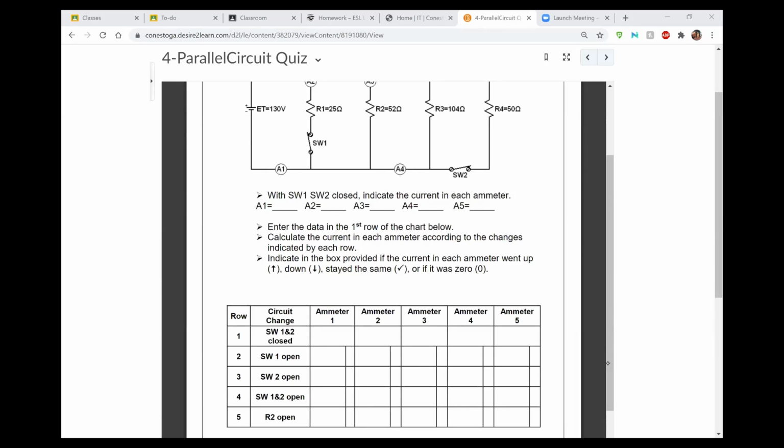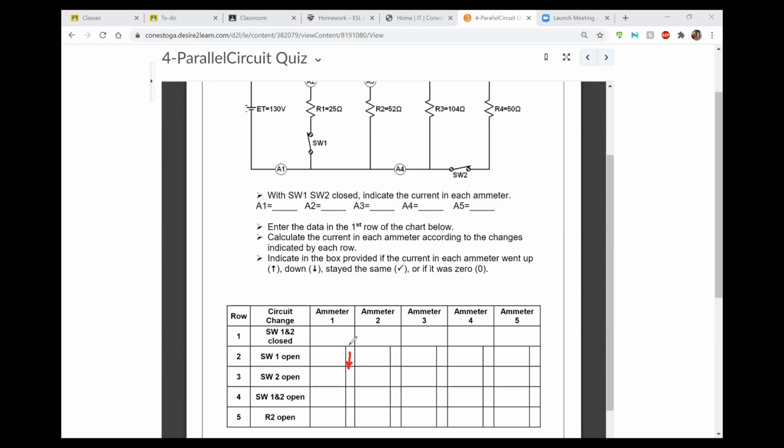Okay, so if we go back, when that switch opens, all you have to do in this case is just write down what's going to be the condition. So this current went down, and then we write down here by how much, right?